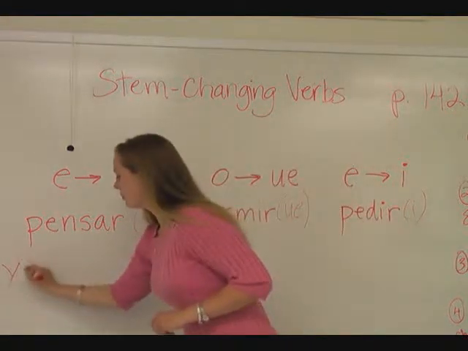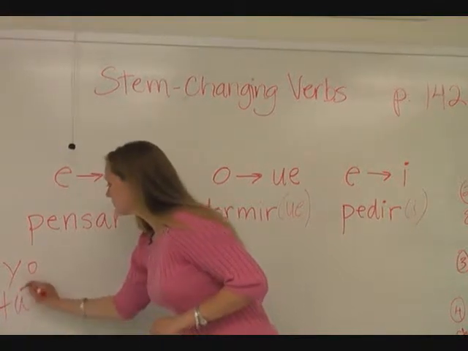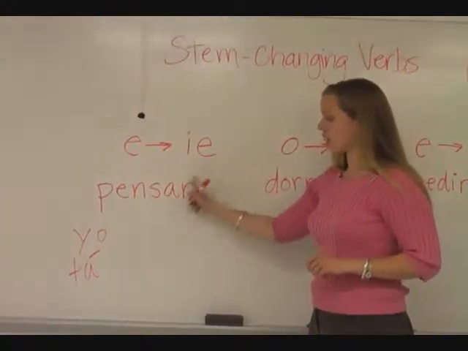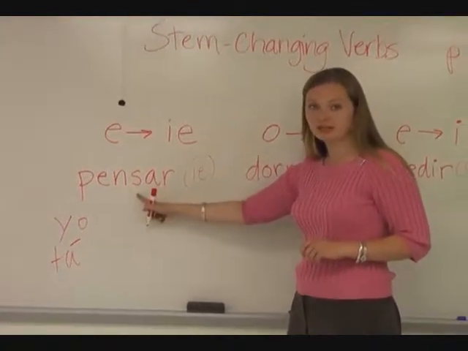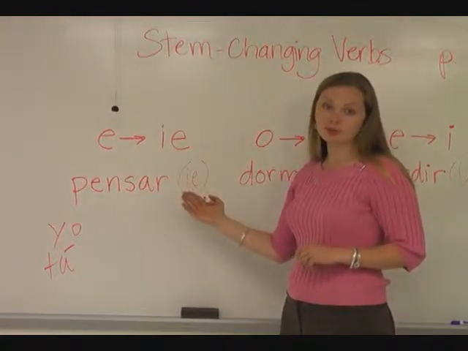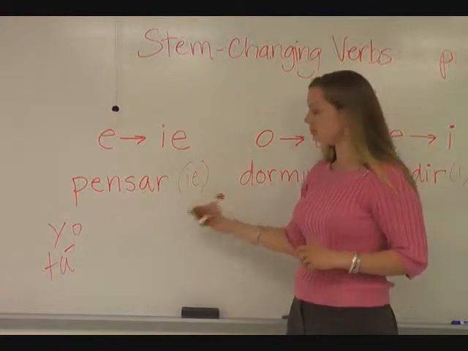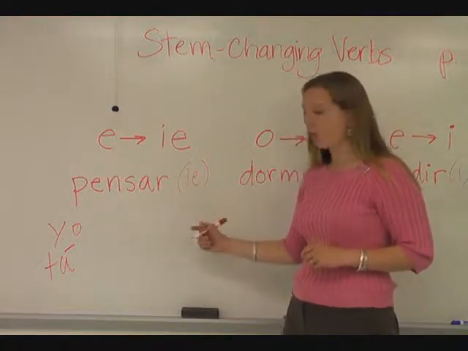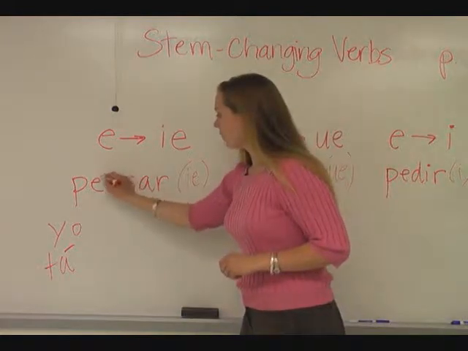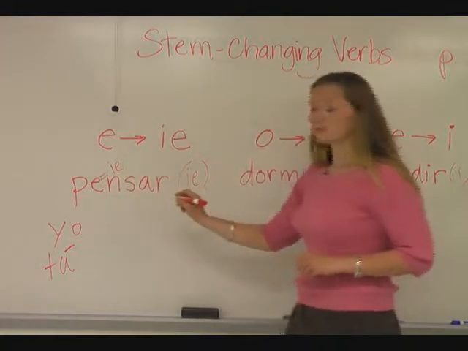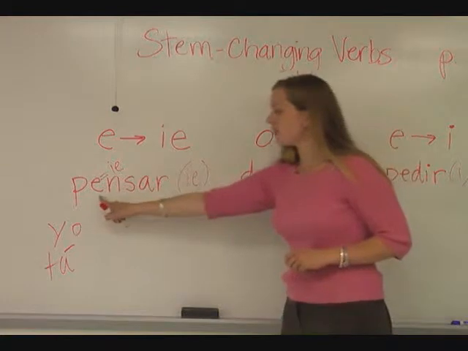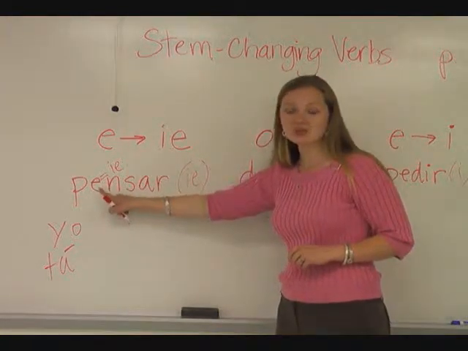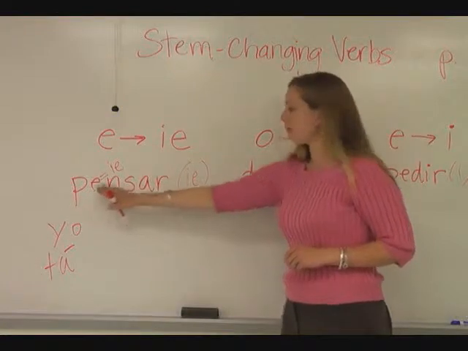Por ejemplo, en la forma yo, we've learned drop the infinitive ending and add the new appropriate ending that matches our subject. If our subject is yo, then the new ending would be o. Now, what we have to do in stem-changing verbs is also change the root or the stem, which is going to be the second to last vowel.